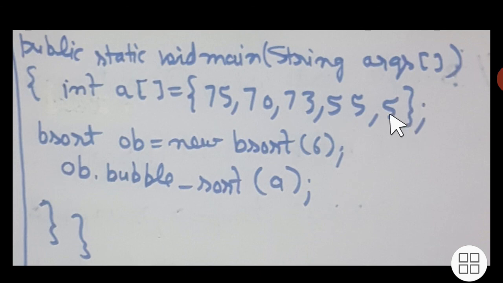Now semicolon, and after that B sort ob equal to new B sort 6. 6 is the size. In this case, when we pass the size 6, and the data, we pass array a over there. So data is required to be sorted in this manner.